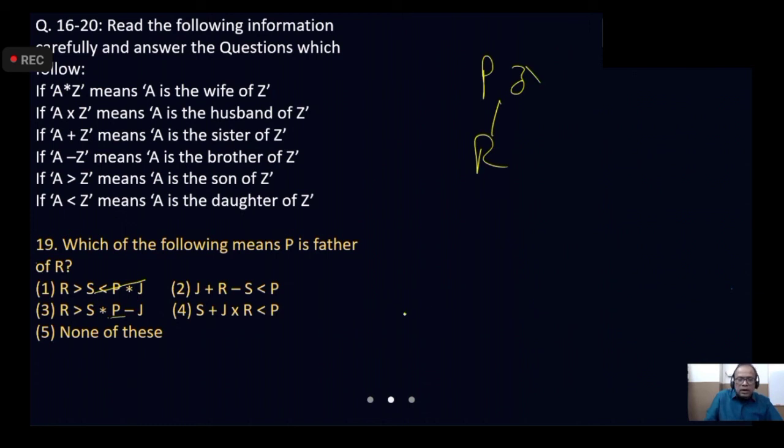R greater than, that means R is son of Z. R greater than yes means R is son of yes. S star P. S is wife of P. So when S is female, P is male.